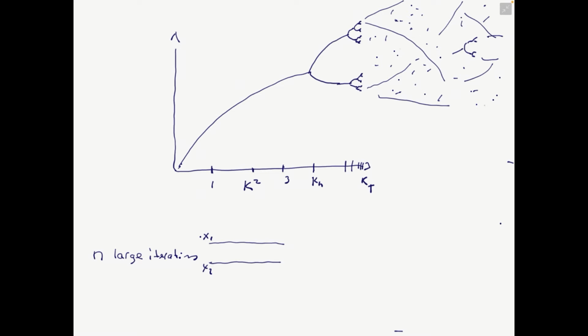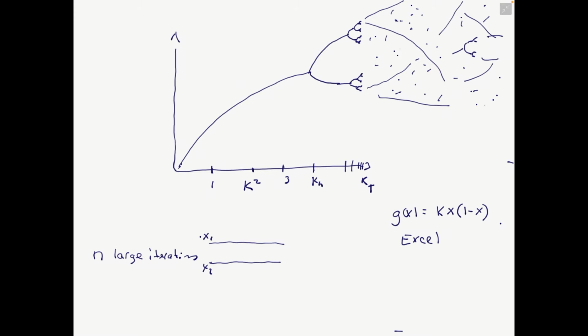And so you can do this yourself. It's pretty crazy for g of x equals k x times 1 minus x. You can do it in an Excel spreadsheet. In fact, I've got an example.